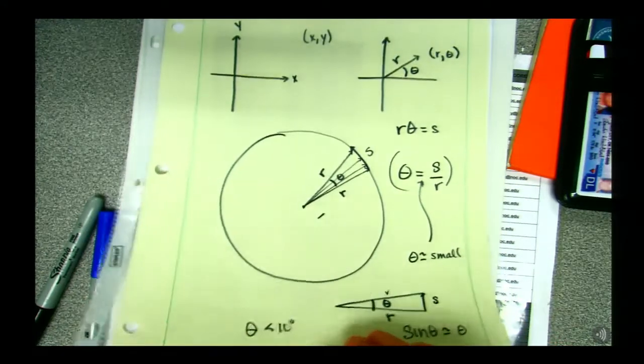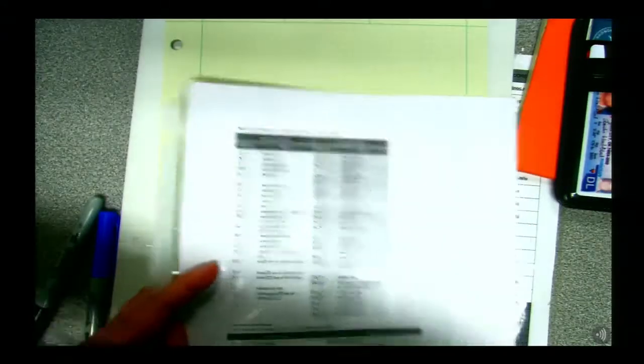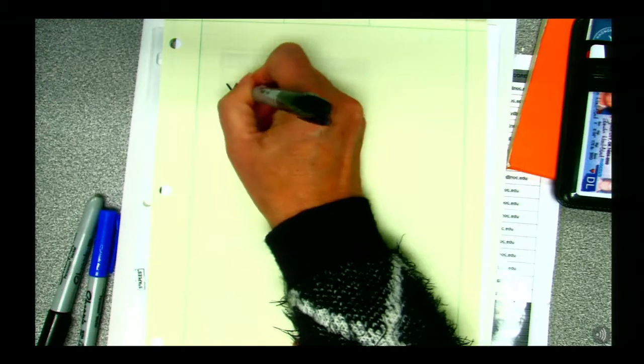Which gets us to, because we know that on a linear system, velocity is equal to my change in position with respect to a change in time.